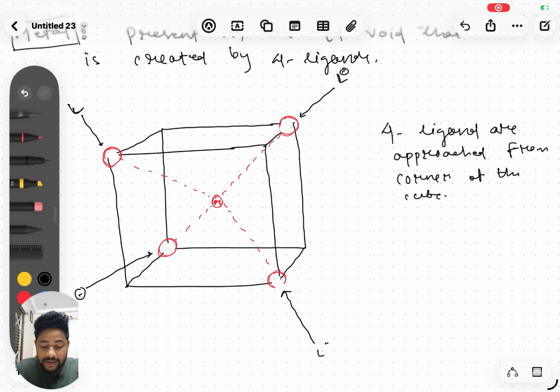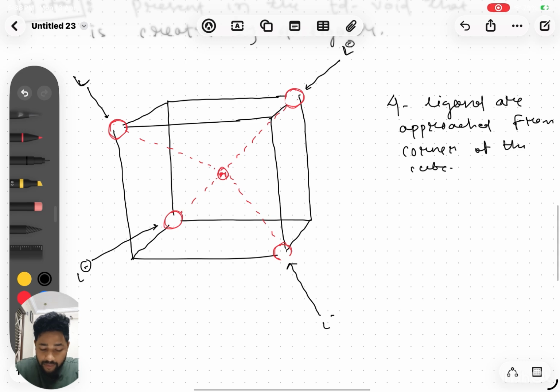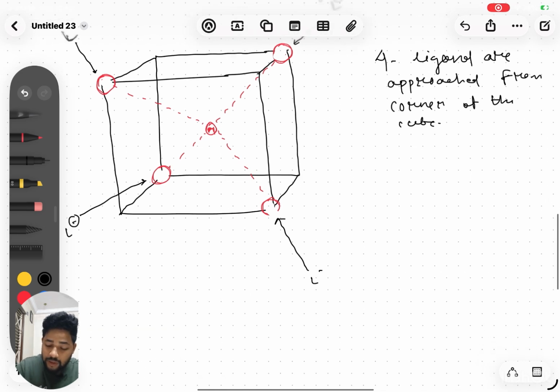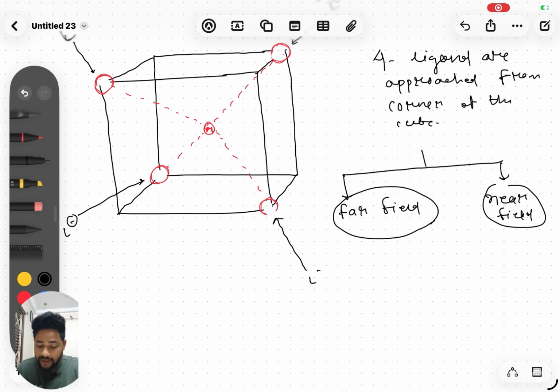Due to these ligands, two fields arise: one is far field, another one is near field. Let me explain what are far field and near field.